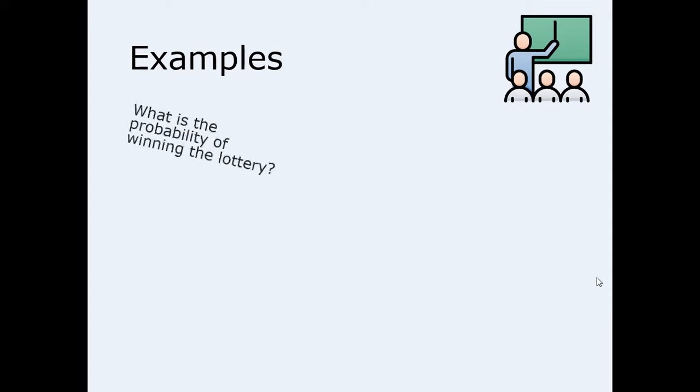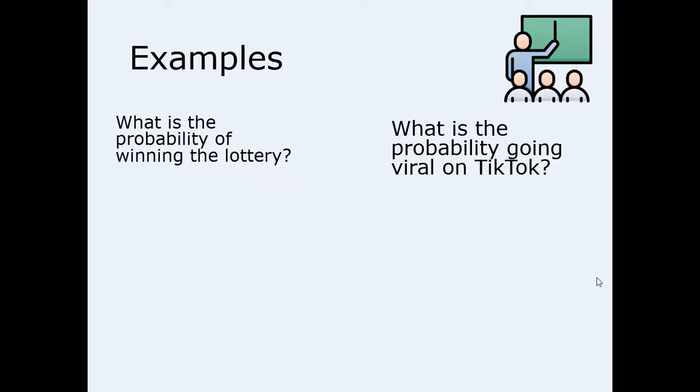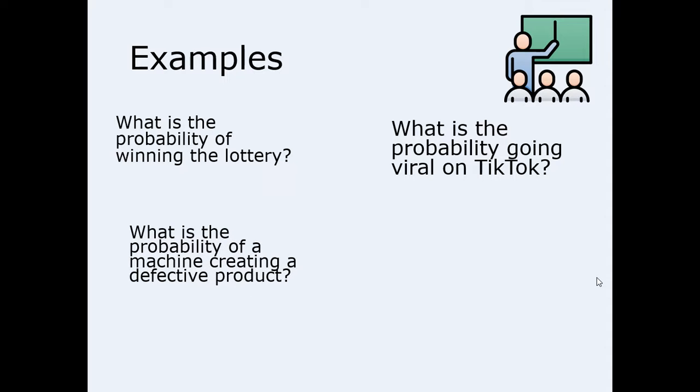So here are some examples. What is the probability of winning the lottery? What is the probability of going viral on TikTok? We use probability a lot in business. For example, if you own a factory, you might be interested in the probability of your machine having a defect or creating a defective product. That's something you'd really care about if you were in charge of some machinery.